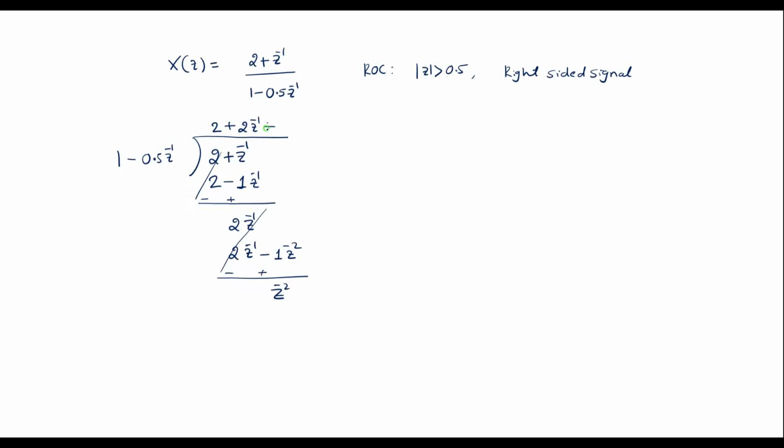So now plus z power minus 2. 1 into z power minus 2 is z power minus 2, minus 0.5 z power minus 3. Simplifying further, this term gets cancelled, you will get 0.5 z power minus 3, and this process will continue.